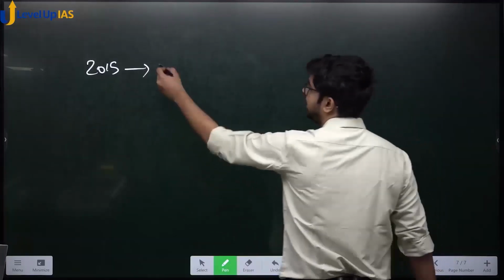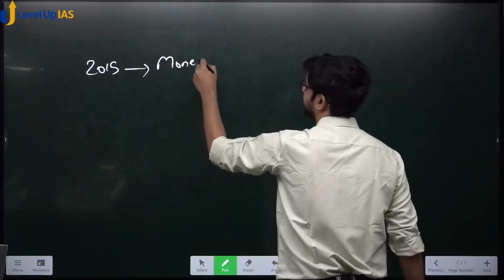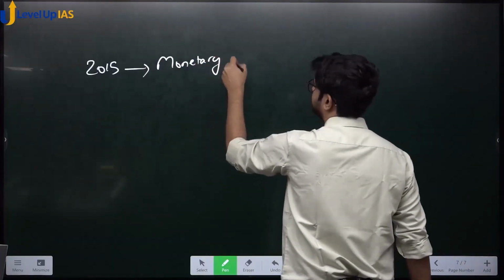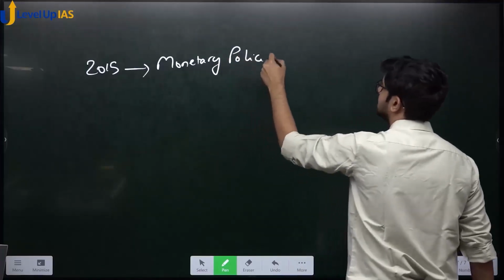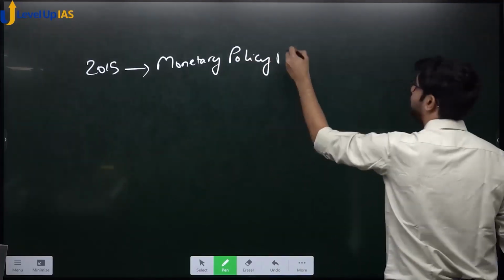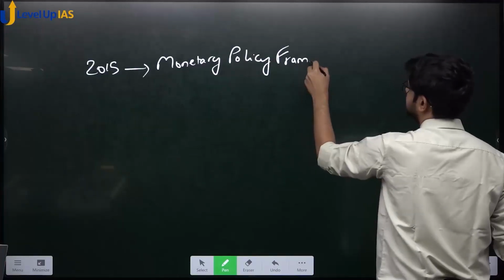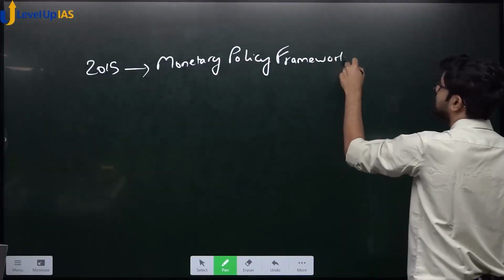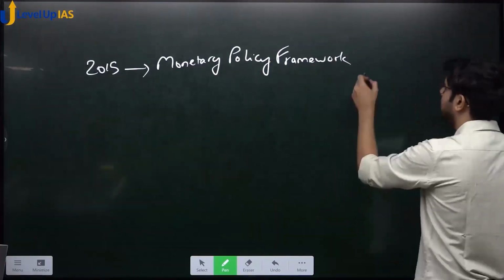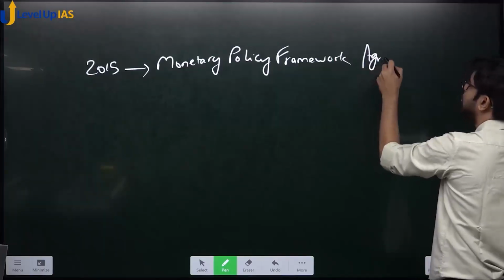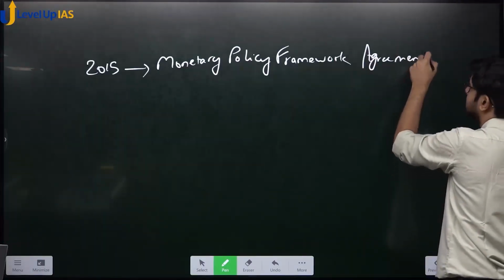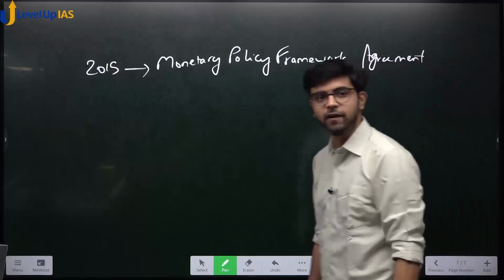In 2015, a monetary policy framework was devised. Do you understand framework? Structure. A monetary policy framework agreement was signed. Who do you think signed the agreement? RBI and the government both.